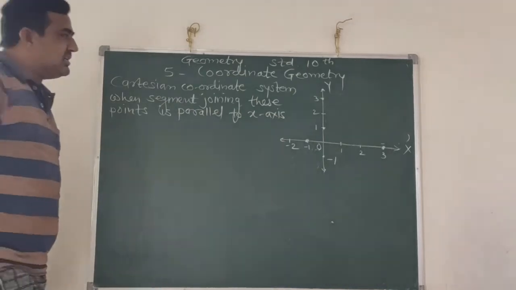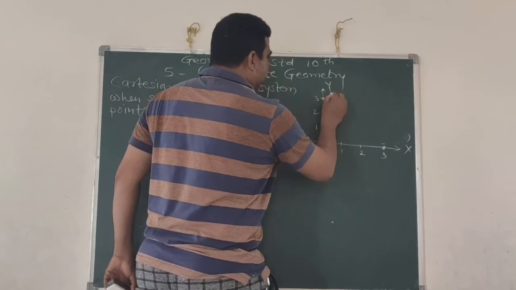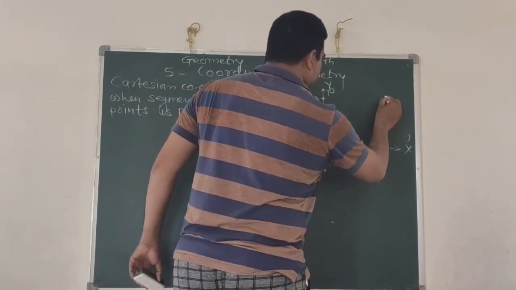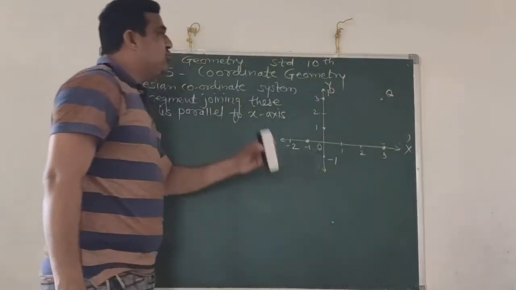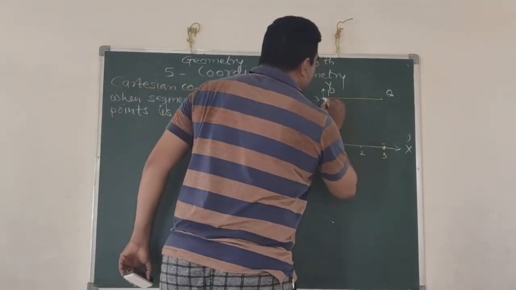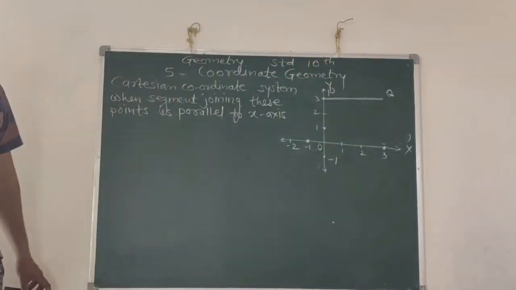So here I consider point P and point Q, these two points. And we want to find this distance PQ. I want to find this distance PQ.